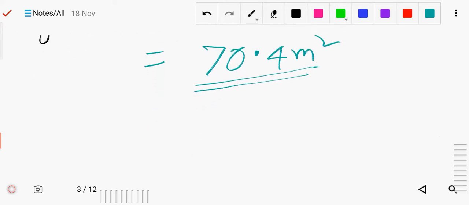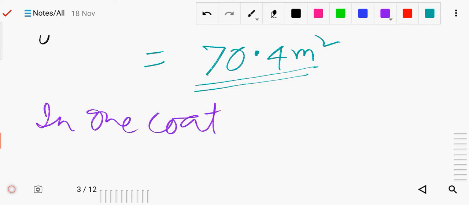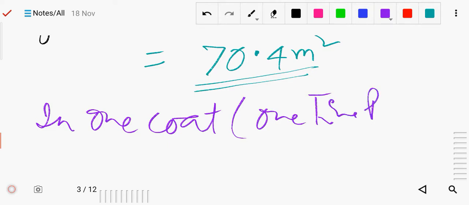Now we have to make the coating. In the question it is given one coat. One coat means one time paint. One coat means what? One time. This is one time painting.